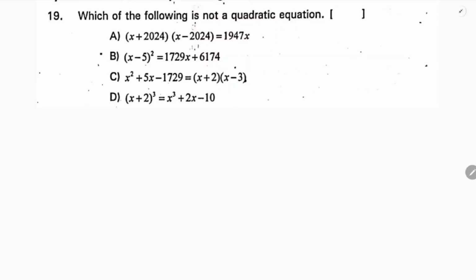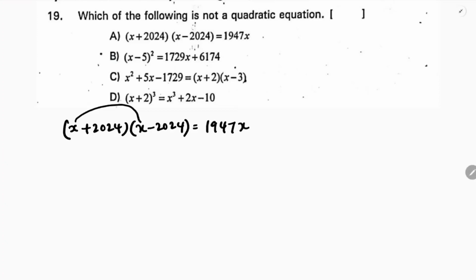The first option is (x + 2024)(x - 2024) = 1947x. Using the identity (a + b)(a - b) = a square minus b square, we get x square minus 2024 square equals 1947x.